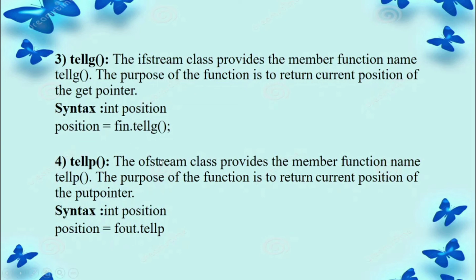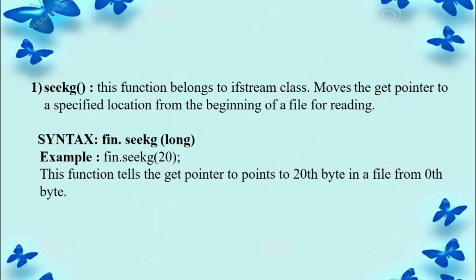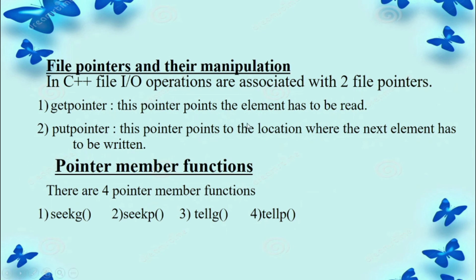So these are the four member functions that belong to pointers in a file. Okay, so tellg will tell the position of the get pointer and tellp will tell the position of the put pointer. The get pointer is used to point to the element that has to be read, that is where we have to read the element, and the put pointer will point to the location where the next element is to be written.